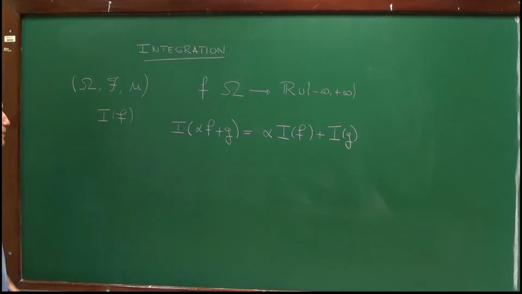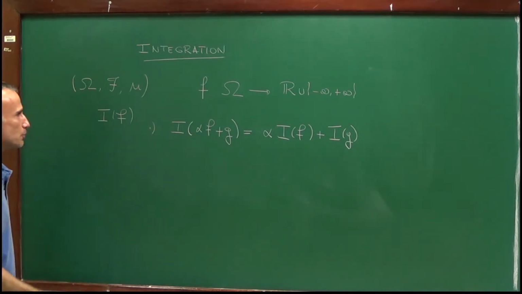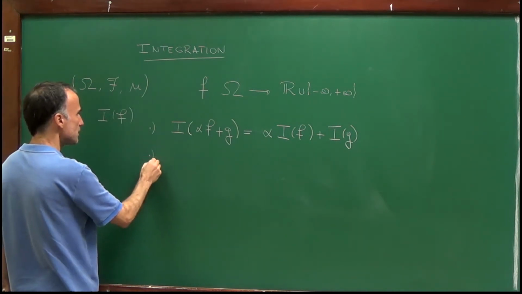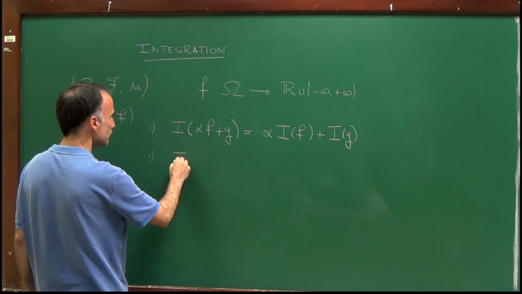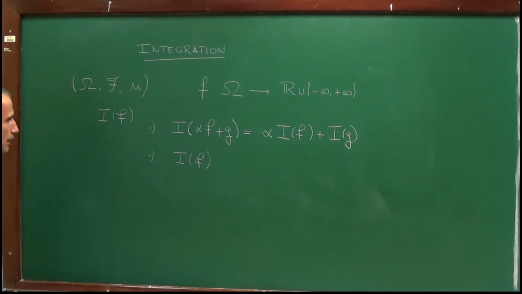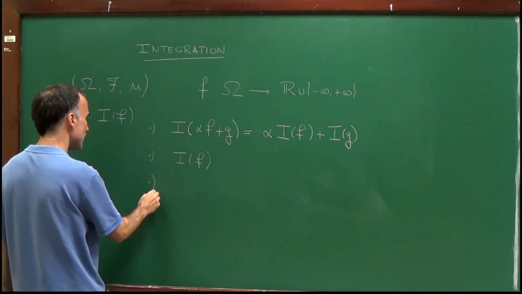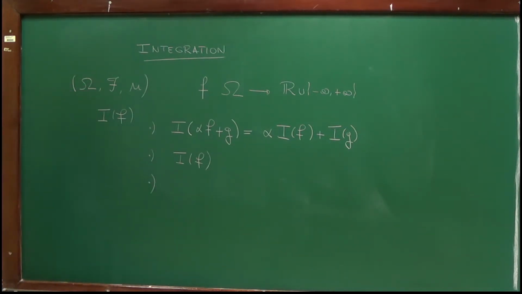It's a reasonable property. We would like also, say, I of f to be defined for the largest possible class of functions, and we will like some continuity properties of this functional.